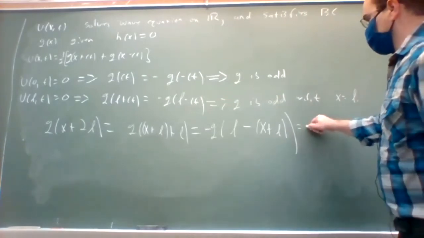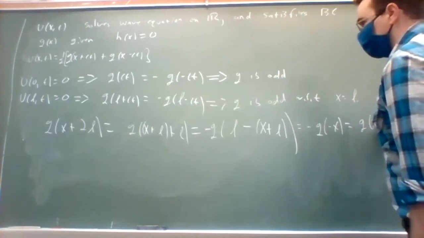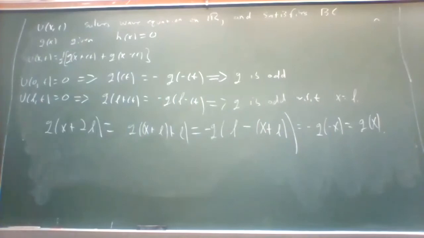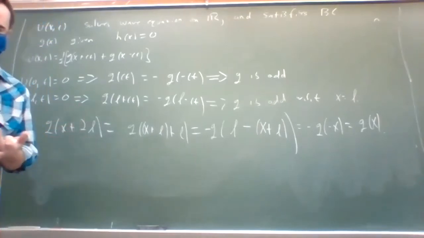And this is now equal to minus g(-x), which is equal to g(x). So that's how you use those two properties to prove that it's periodic with period 2L. Any questions or comments on that?